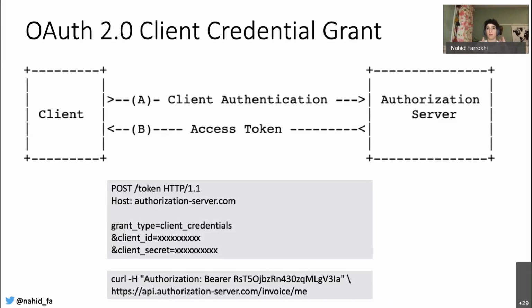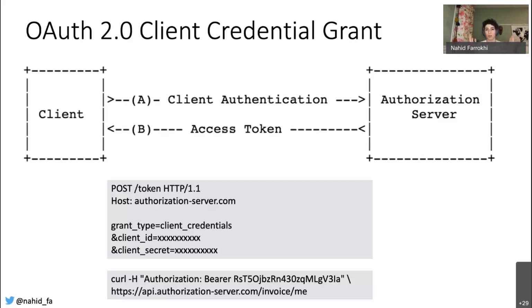Based on this sample, you see that there is a client secret involved, which means this must be a confidential client, and this is true. This grant type is to obtain an access token for a client, out of the scope of a user. This is not on behalf of a user.